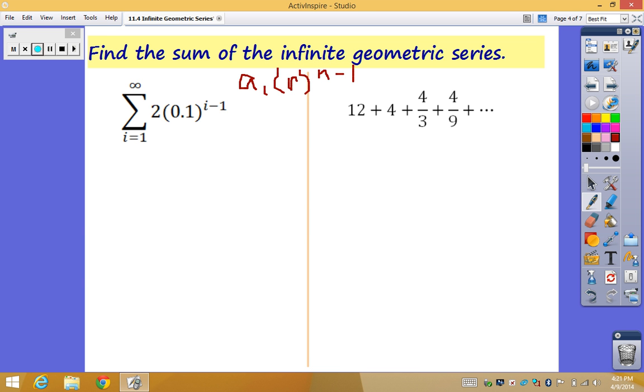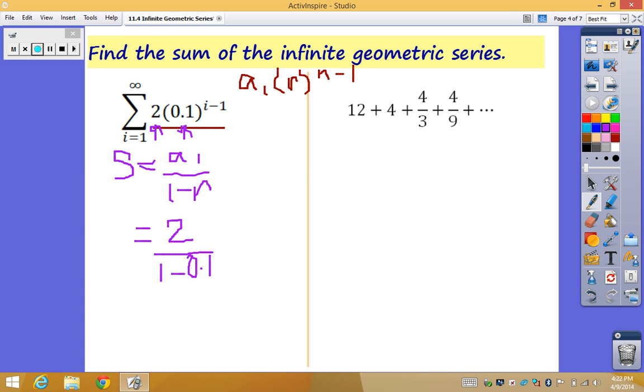So the first example says, find the sum of the infinite geometric series. Notice that this equation is still using the geometric sequence equation, so when we plug our values into our new formula, we will know where to look for them. So if our equation says s equals a1 over 1 minus r, we know that our a1 is 2 over 1 minus r, which is 0.1.